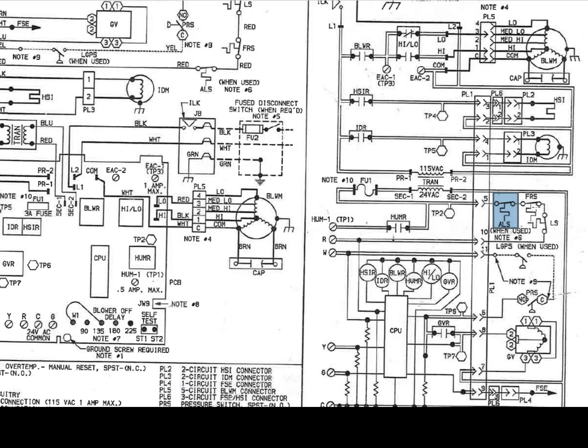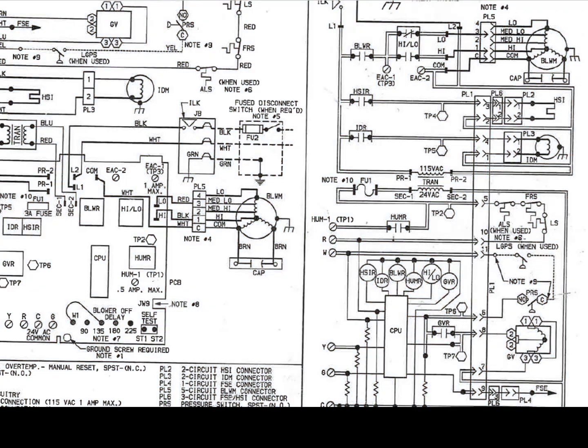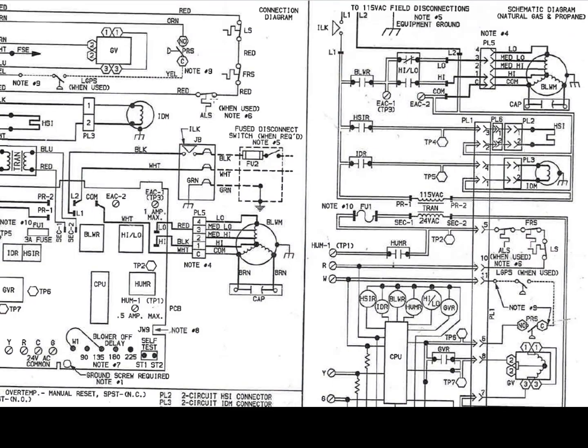Like I can see right now that these same 3 switches are in series. There's FRS, LS, all these switches are in series, these 3 switches. And see how this says note 6 when used, the same thing over here. So all of the information's the same, it's just in a different format.